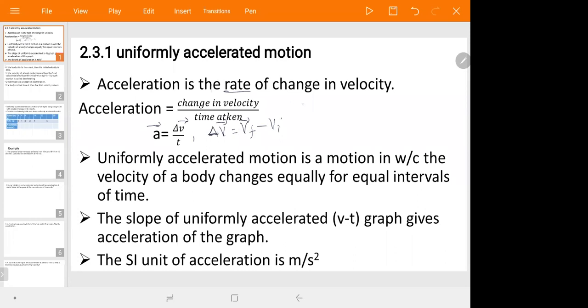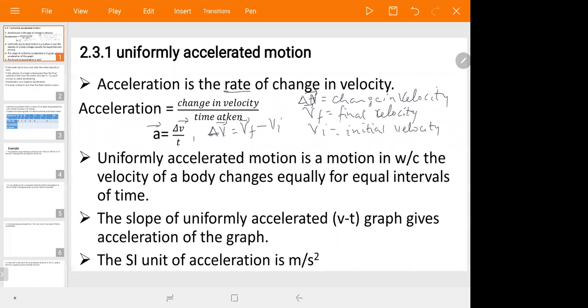Delta V is the change in velocity, V final represents final velocity, and V i represents initial velocity.